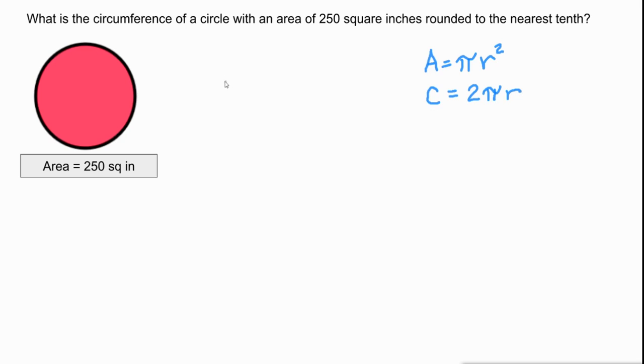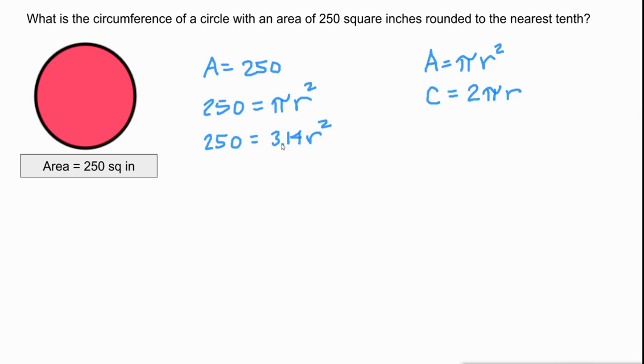Okay, let's get started. Since we know our area is equal to 250, let's substitute that for A in our area formula. 250 is equal to pi times r squared. Let's use our decimal approximation for pi. 250 equals 3.14 times r squared.